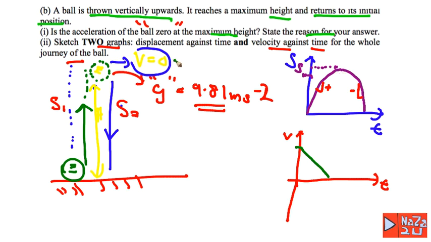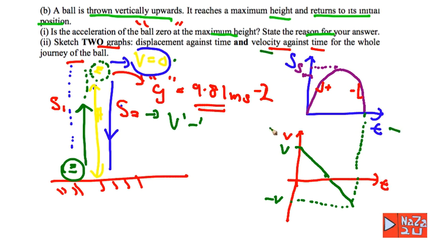Yeah, v is equal to 0, and after that the ball starts moving downward. So moving downward means we have a negative acceleration. The second part here, v is negative, and we have an increase of velocity. So this is a negative v, and this is a positive v, right? And we have the same values of time t, but different graphs. This is the graph s versus t and v versus t, right?